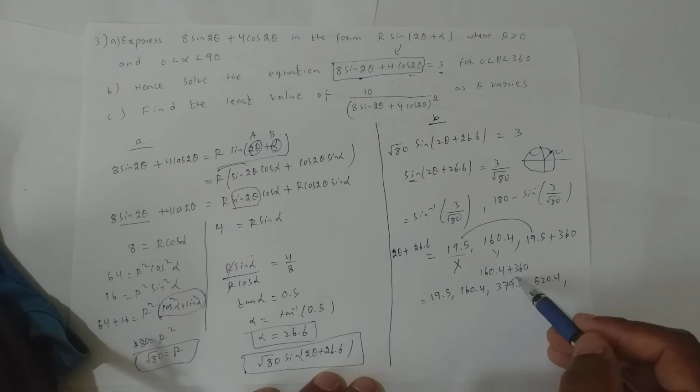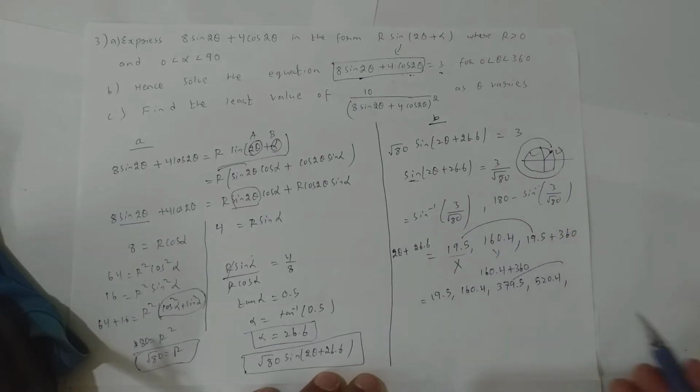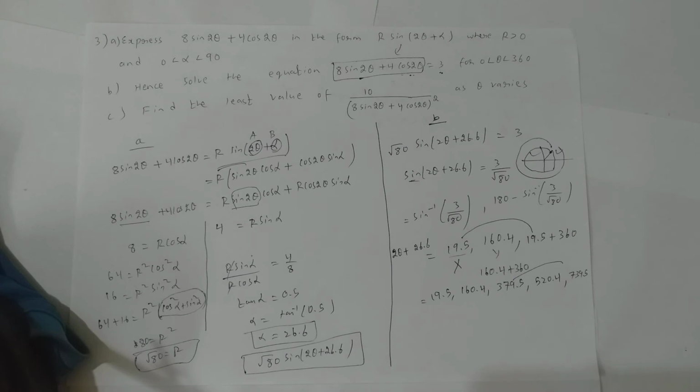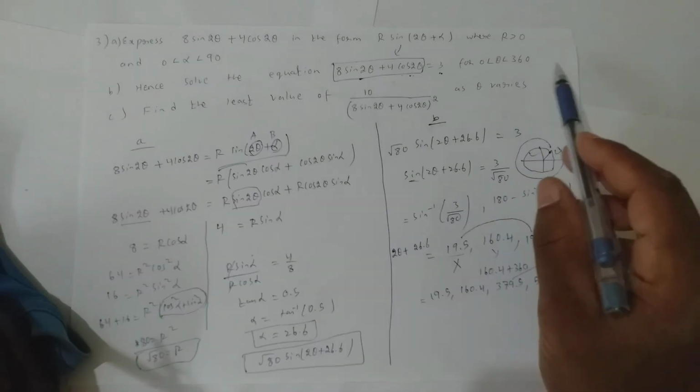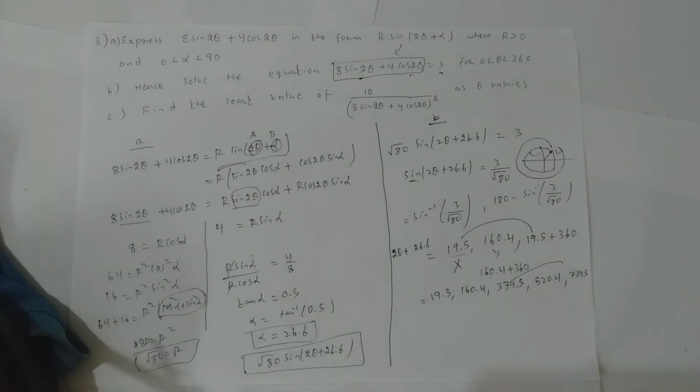If I add 360 to this again, I make one more circle. So if I add 360, what do I get? I get 739.5. Clear? Why am I going on adding is to see how many values I get between 0 and 360. To find all the values between that, I go on adding.